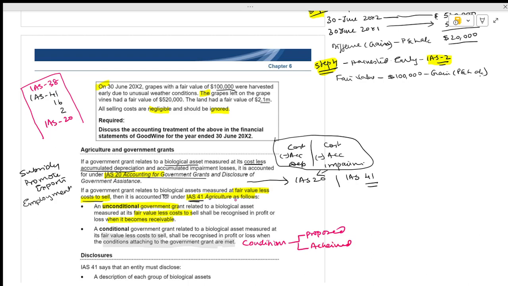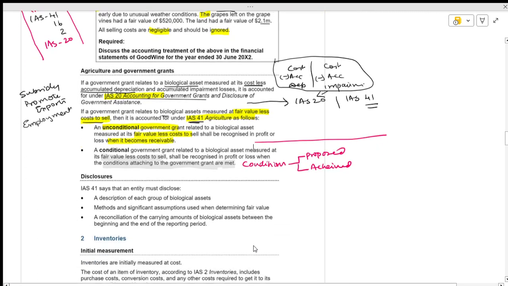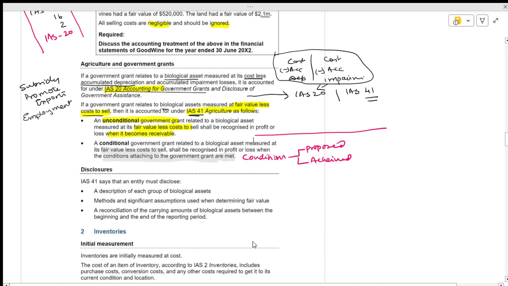In non-conditional grants, it's not like that. When we receive it, you have to post it in the profit and loss account. There's nothing like that in the conditional grant. Definitely, it will change the presentation with respect to the profit and loss account. As in the case of all the standards, you have to give a description of the biological assets.